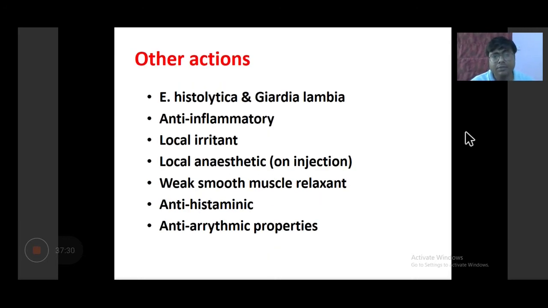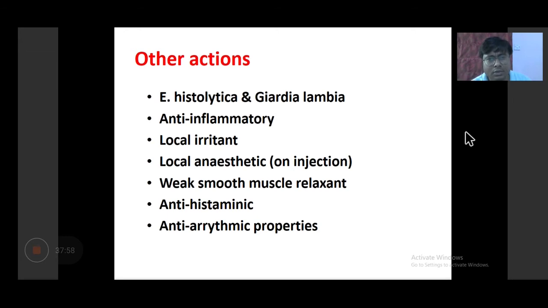So this slide is very, very important. If I ask you what are the uses or indications of chloroquine apart from malaria, you must know that it has action on Entamoeba histolytica.